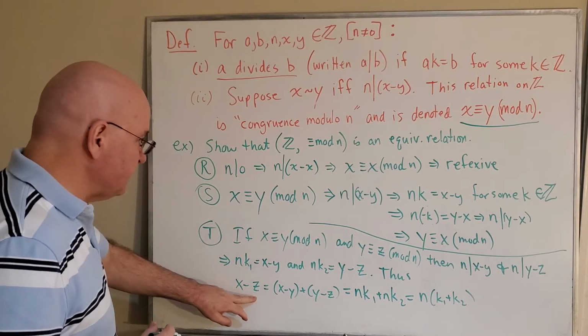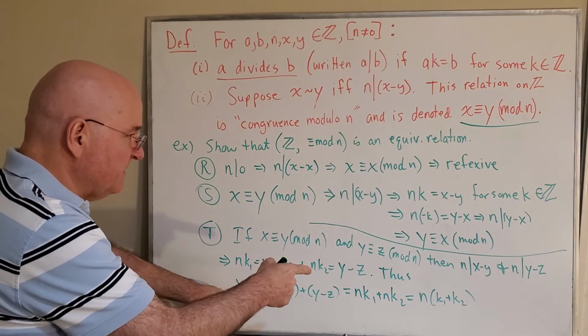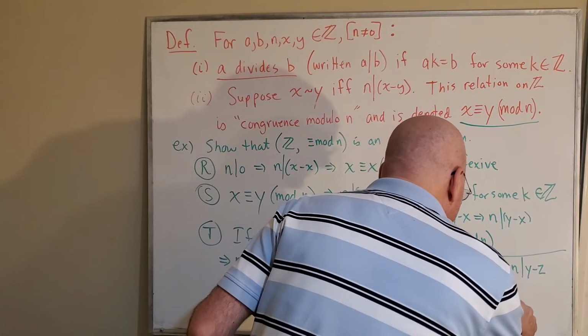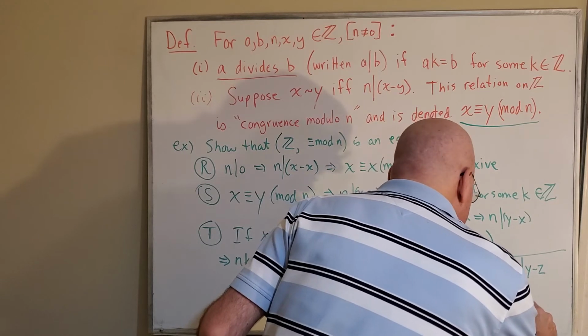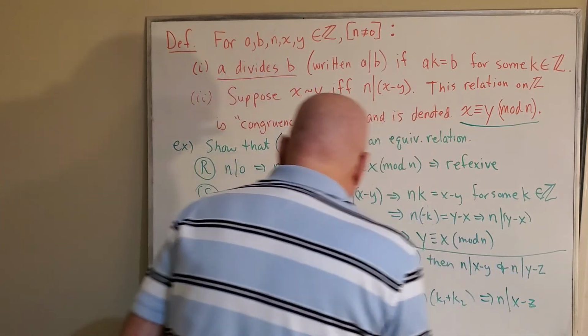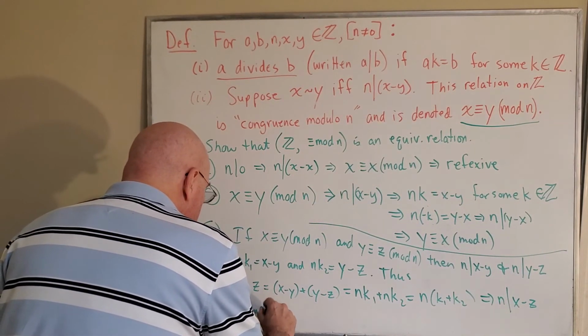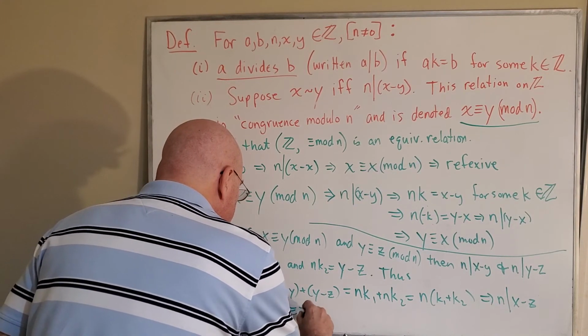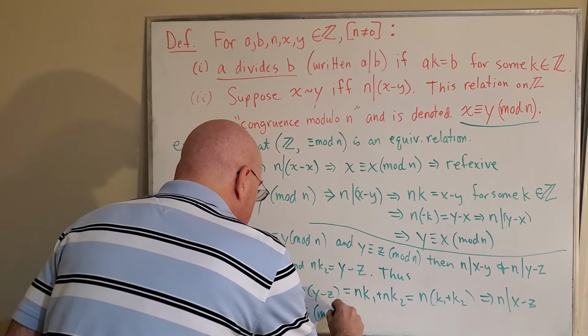So x minus z is equal to n times an integer. That means n divides x minus z, and x is congruent to z mod n.